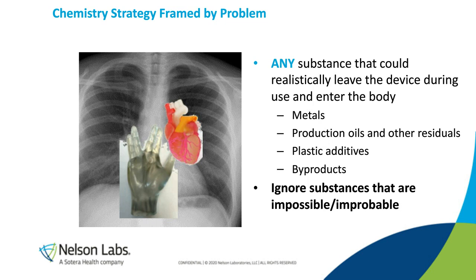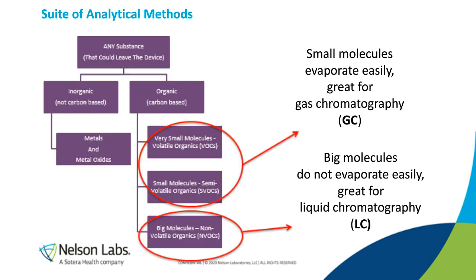And so just as a baseline, if our goal is to do a huge open screen and look for as many different things as possible, then that really frames the whole problem. To accomplish that, we need a suite of analytical methods and extraction methods to make sure that we capture as many different things as we can.